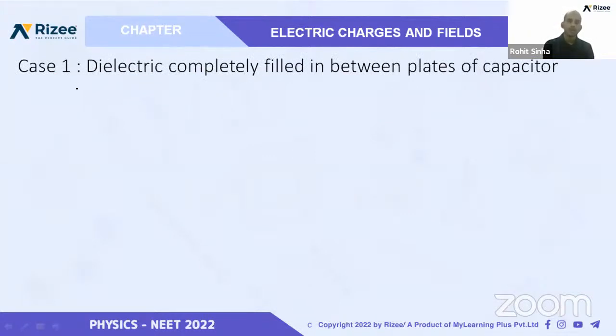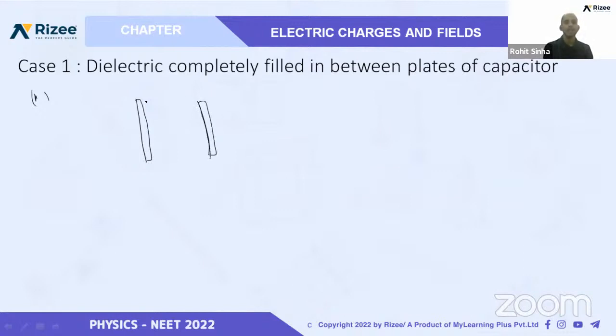Now let us take the first case. Remember, these are very important for your exam. Though the plates look curved in my drawing, they are straight lines.